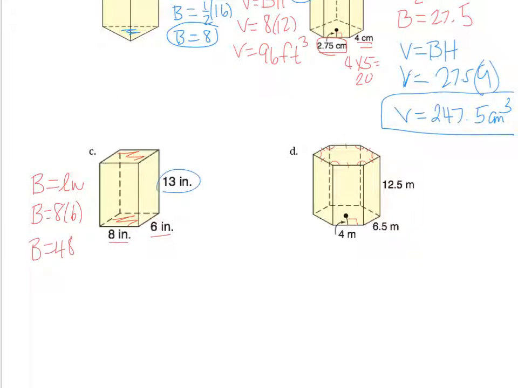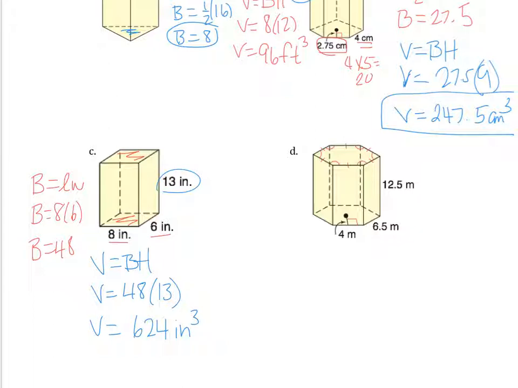I notice that the height of my prism is right there. It's 13 centimeters. So my volume is equal to big B times H. So volume is equal to 48 times 13. Again, volume is in cubic units, so this is going to be 624 inches cubed, multiplying that out.